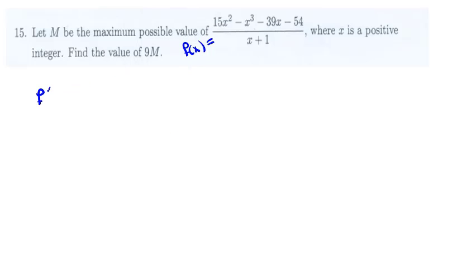So if we consider f prime x, we know that x is not -1. Let's consider it at first.